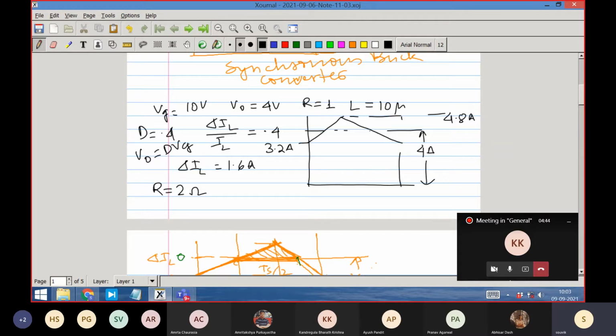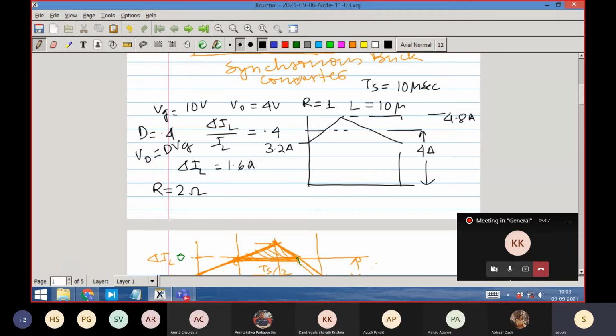Now, to complete the information, we are not changing Ts. Ts is equal to 10 microsecond, corresponding to 100 kilohertz. The only thing I'm changing is the load, which is a practical thing. Load can vary. So load is now 2 ohm.